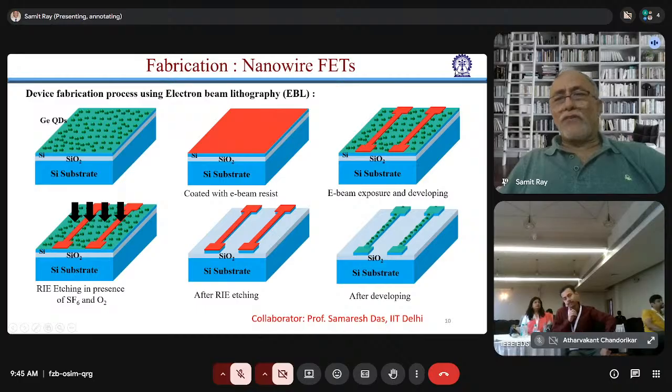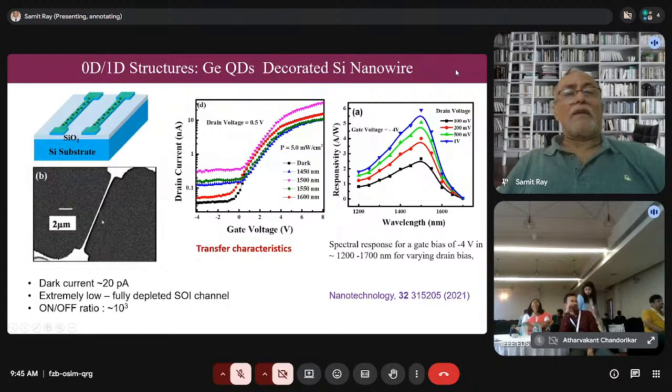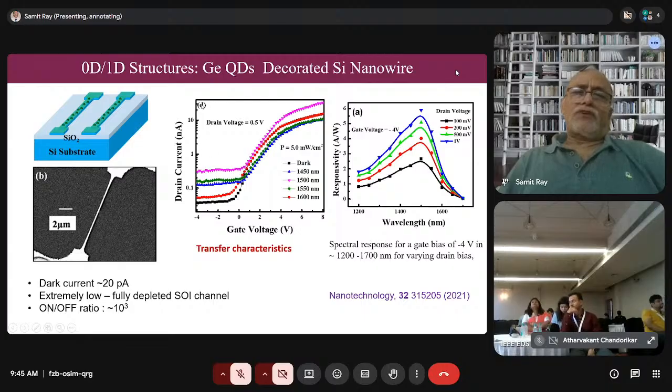After developing, you get silicon nanowires decorated with lots of germanium quantum dots. We use one of these germanium quantum dot decorated silicon nanowires to make phototransistor devices. This is the transfer I-V characteristics of the transistors, and as you see, the dark current changes.